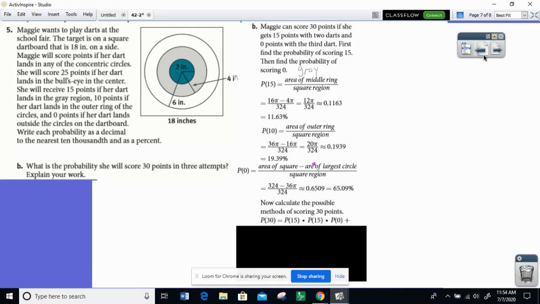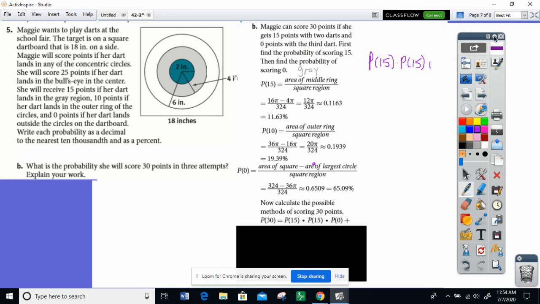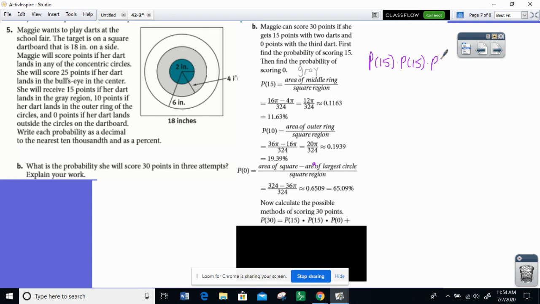Well, she can get 30 points by doing 15 points and then 15 points and then 0 points. Or she can get 0 points and then 15 points and then 15 points.